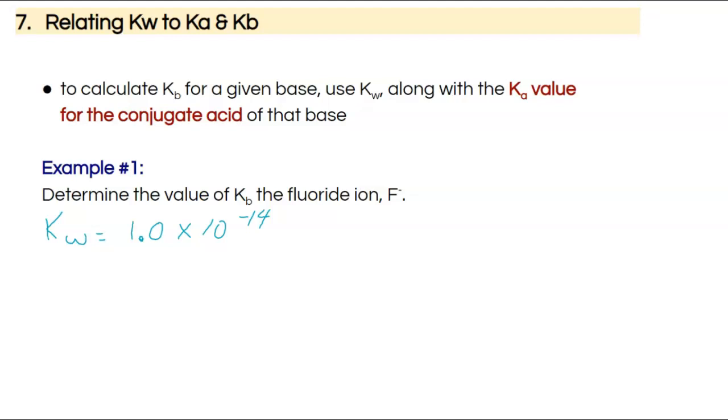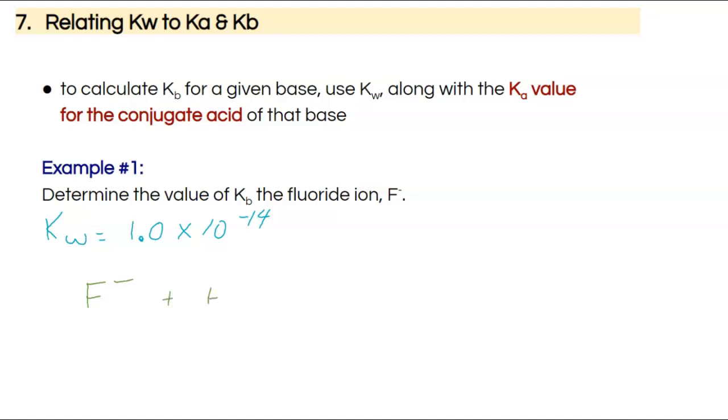Now, the second thing I want to do is write out the process of F- accepting a proton, acting as a base, so that we're clear on the conjugate acid involved. And so I'm going to do that next. If I have F-, and I'm asked to find its Kb value, then it's acting as a base.